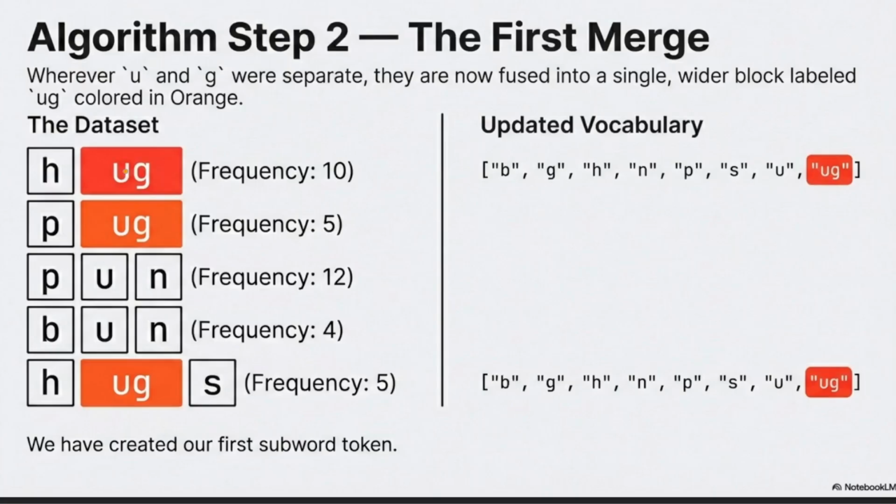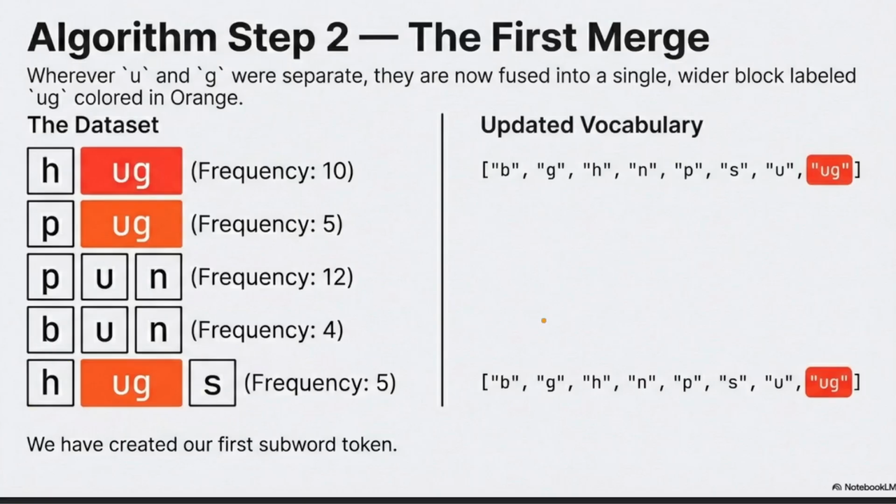We go back to our data and replace every instance of those two separate letters with this new single token. Notice that words like pun are untouched because they don't contain that specific pair. We have effectively begun compressing our data: it was 3 tokens, now only 2. It was 4, now only 3.